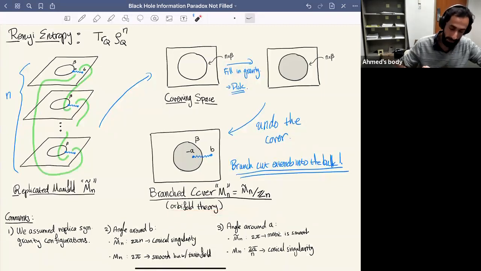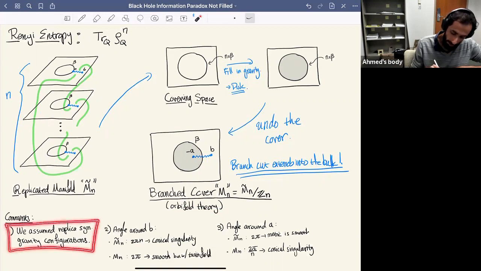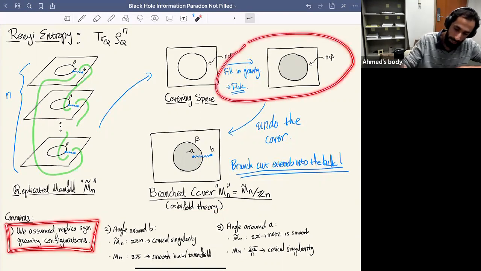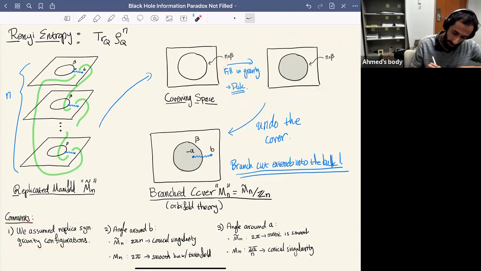Okay, let me make some comments and then take questions. The first comment is that it's an assumption about the kinds of gravitational configurations that we considered when filling in the spacetime here. I'm making the assumption of only considering replica symmetric gravity configurations.